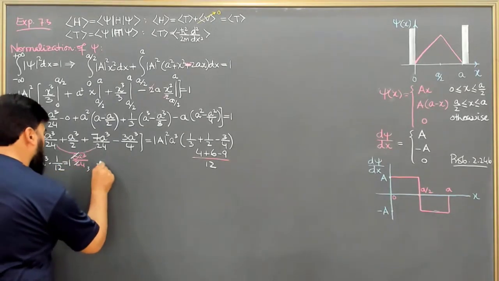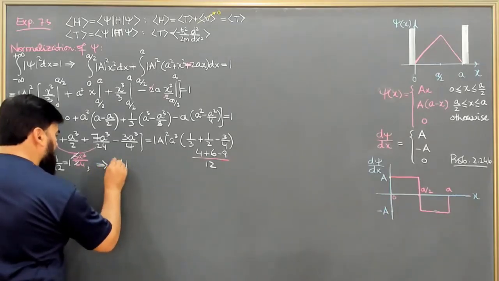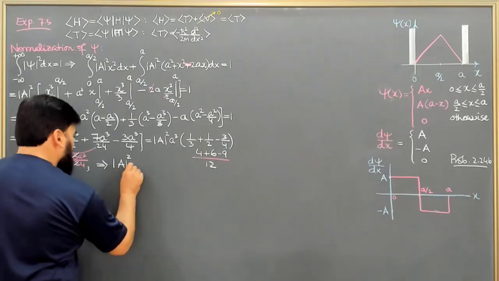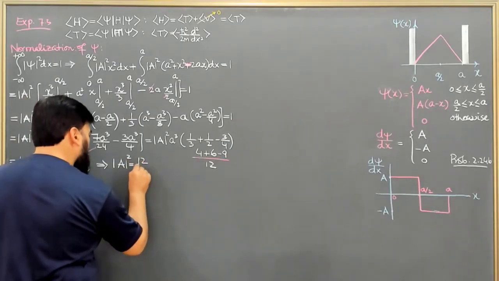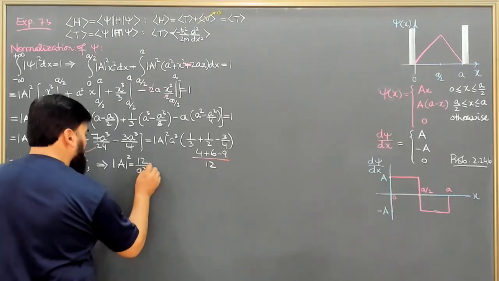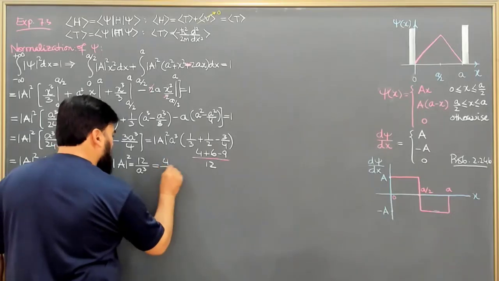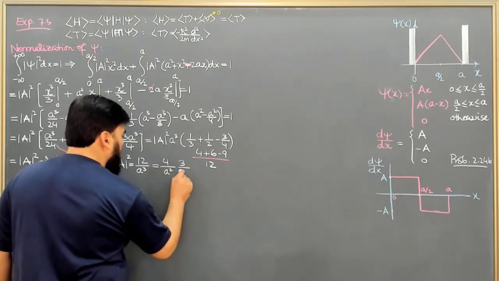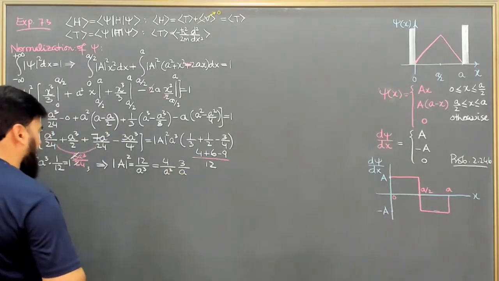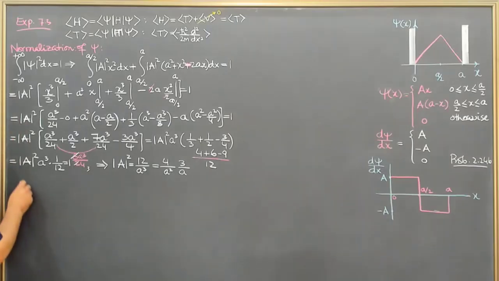So I can write that |a|² is equal to 12 over a³. I can write this as 4 over a² and 3 over a. And this will help me in removing the square.